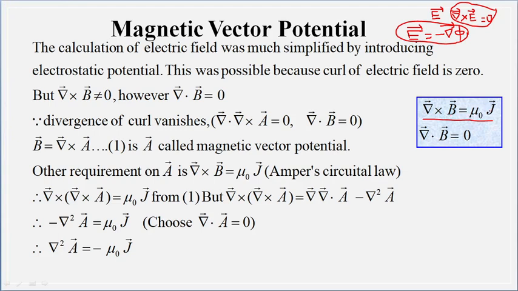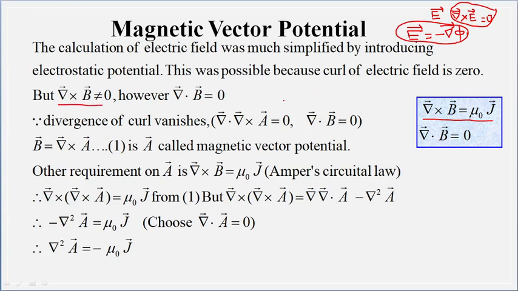Mu naught is some quantity. J is some quantity. The vector J is the current density. If the current density is 0, that means current is not flowing. So this curl of B cannot be equal to 0, since the curl of B is not equal to 0.